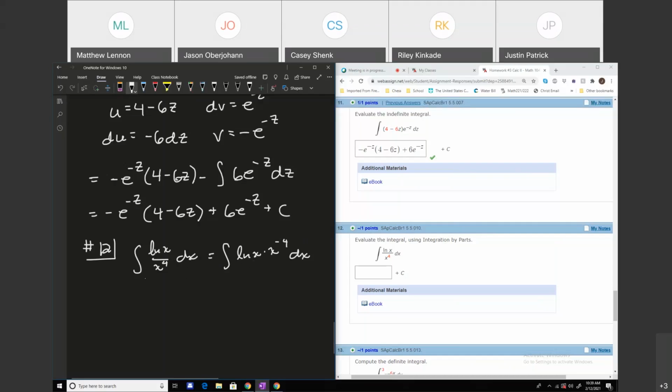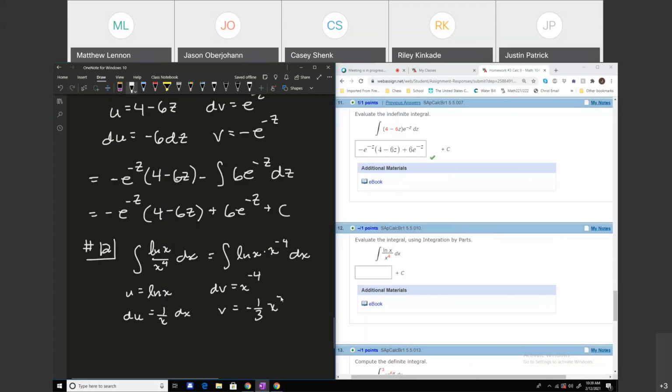So again, when a natural log is involved, typically that's going to be your choice for u. So u is the natural log of x, and dv is x to the minus fourth. So du is 1 over x dx, and v will be negative 1/3 x to the negative 3.